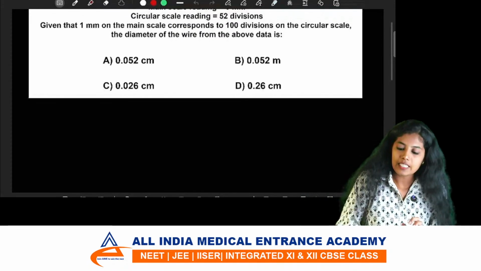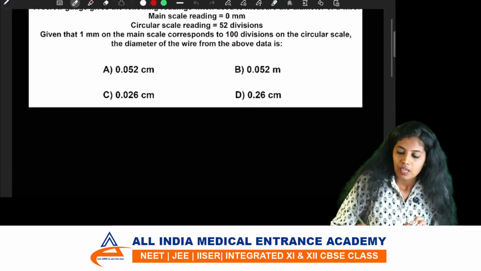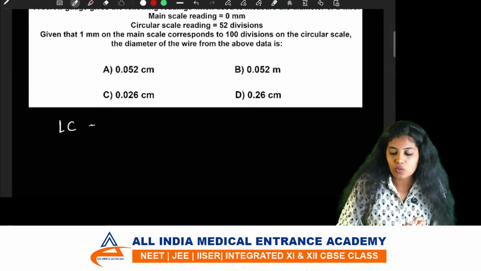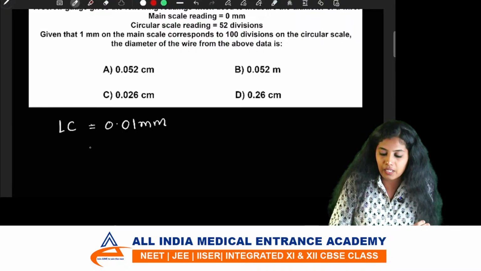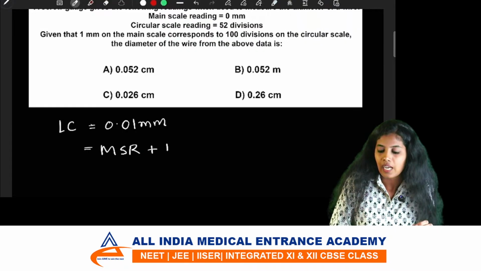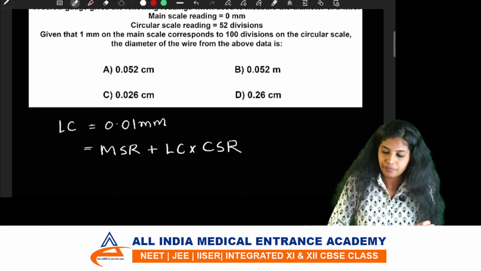We know that the least count of the screw gauge is 0.01 millimeter. So what about the reading? How can we find the reading? The reading will be the main scale reading plus least count into circular scale reading.